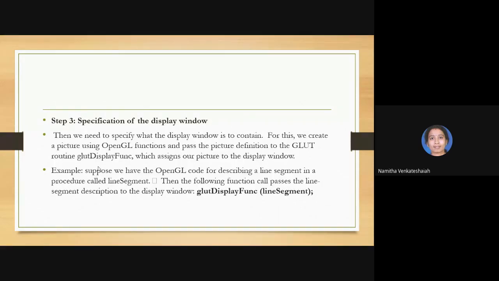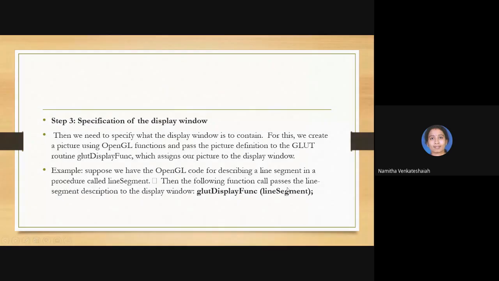Next, step 3 is specification of the display window. We have to write a function, line segment. I showed you in the program we have a function by the name line segment.